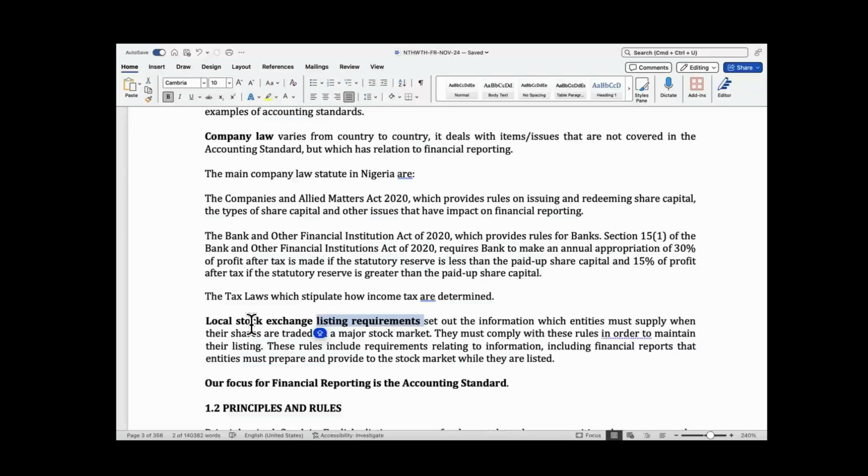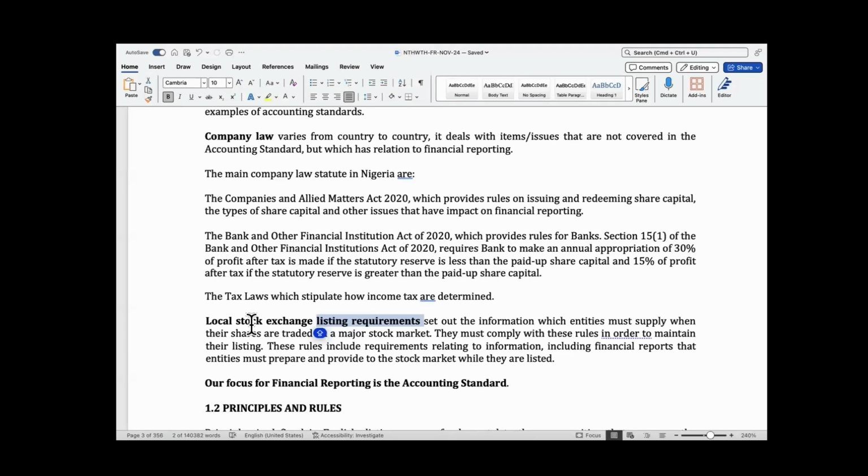So if a company wants to list or become a quoted entity, SEC will give you the requirements you are supposed to comply with, the reports you are supposed to provide, what they want to see in your financial statements. And also, in this listing requirement, if you want to remain listed after they have approved you to be on the exchange, there are continuous requirements you must meet in such a way that if you don't meet them, they will delist you.